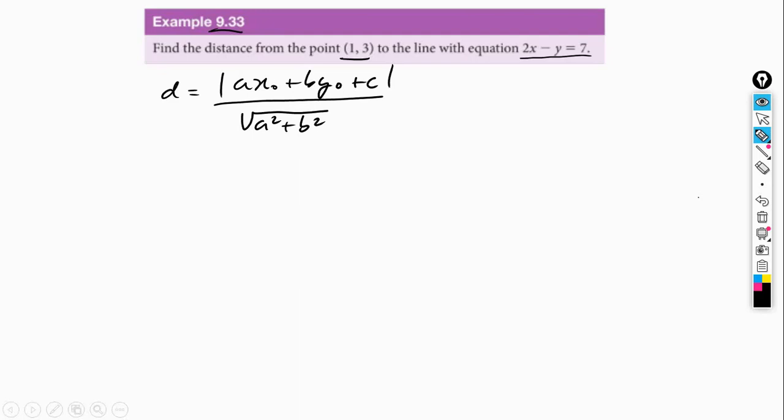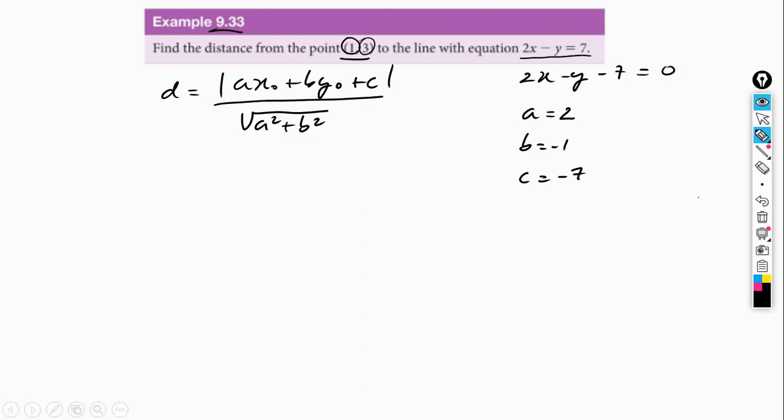Now here, if we rearrange this, notice that we get 2x minus y minus 7 is equal to 0. So it's easy to identify a, b, and c, right? A is 2, b is negative 1, and c is negative 7. Now obviously this would be x sub 0 and this is y sub 0.